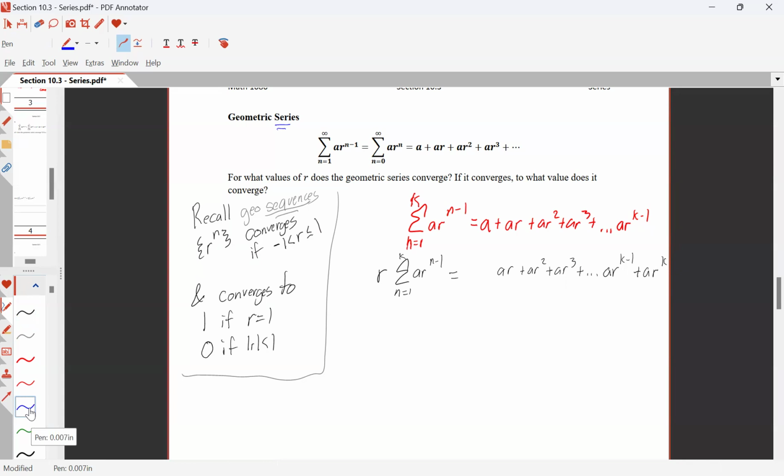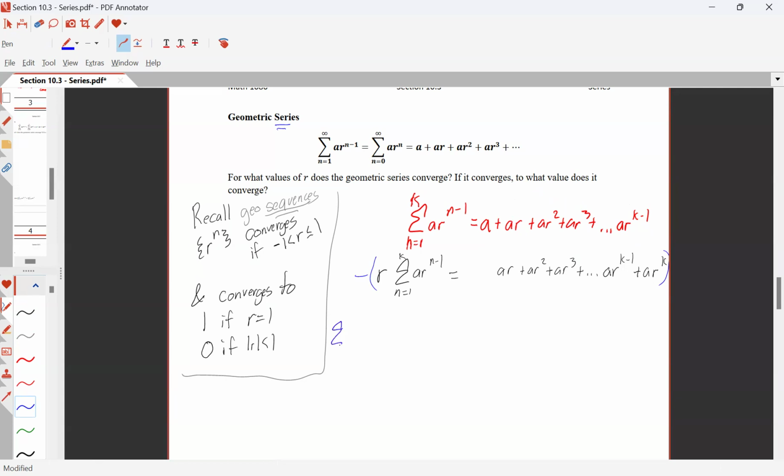Trying to find some different things to work with, we're going to subtract everything, because these two series of partial sums have a lot in common, right? Each of these rows they have in common. So subtracting them will make all of those go away. We're going to subtract.